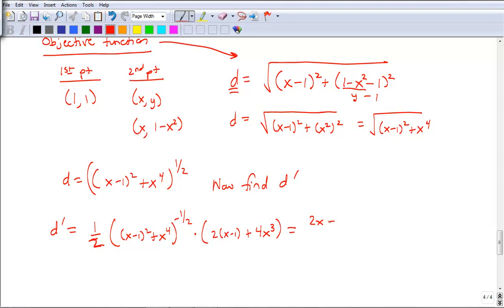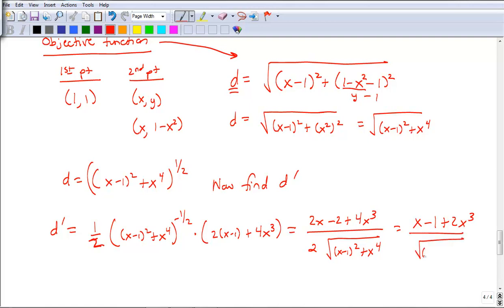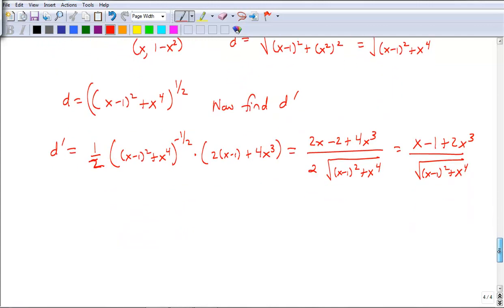I get (2x minus 2 plus 4x cubed) over 2 times the square root, since the negative 1/2 puts the square root in the denominator. Notice I can cancel a 2 out of all the stuff on top. I get (x minus 1 plus 2x cubed) over the square root of (x minus 1) squared plus x to the 4th. And that's my derivative.